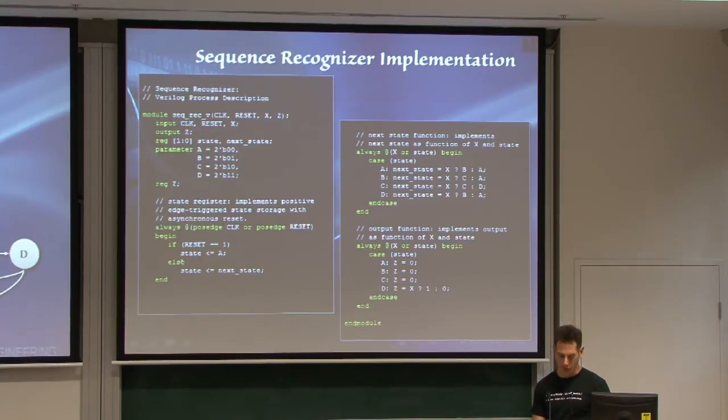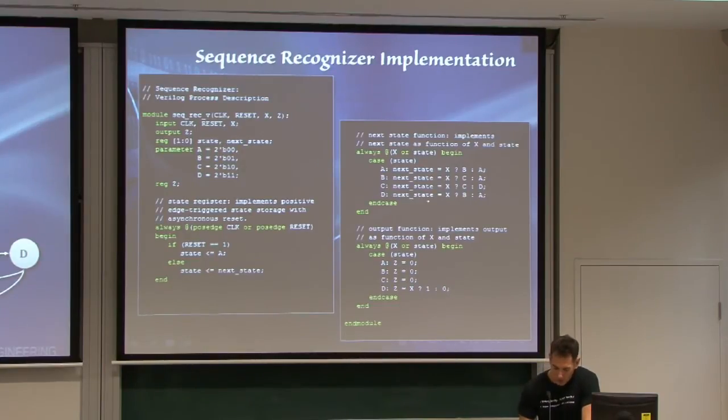Otherwise, in normal operation, just apply the next state to being my current state. The other two blocks will calculate, one of them, this one, will be in charge of calculating, preparing the next state. This one will be in charge of making sure that we get the right output as we transition.